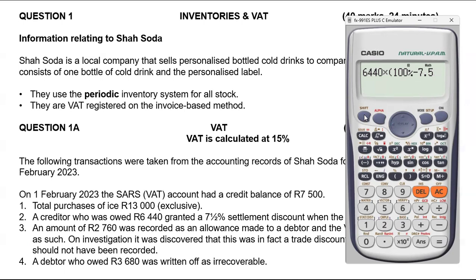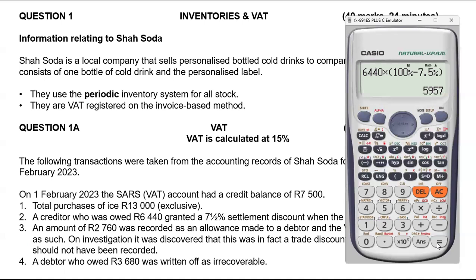Okay. Obviously, this is VAT inclusive, but I just want to show you that the VAT that we calculated on 6,440, well, it was on that, and it was supposed to have been on a lower amount because we were granted a discount. Do you guys understand that?